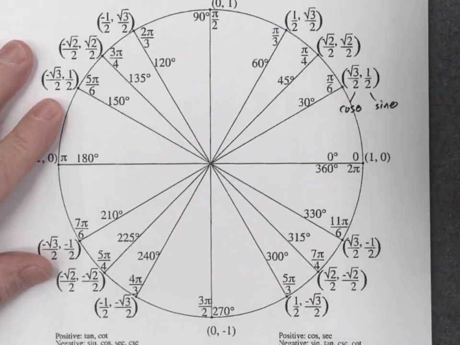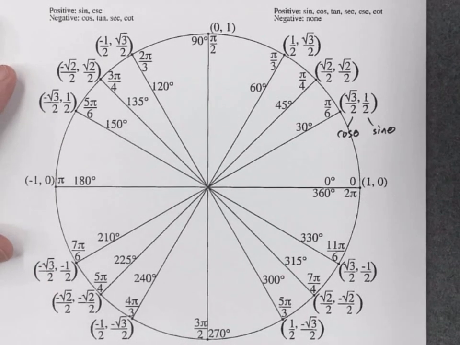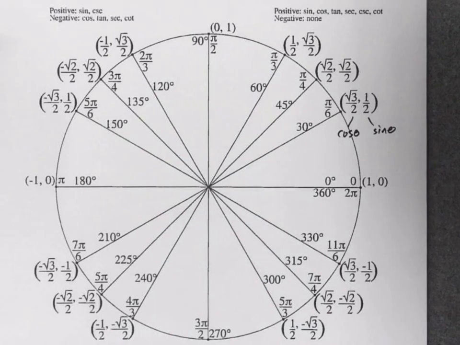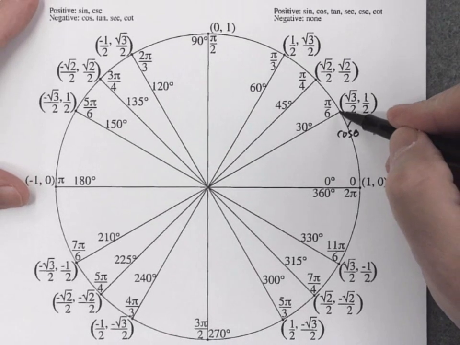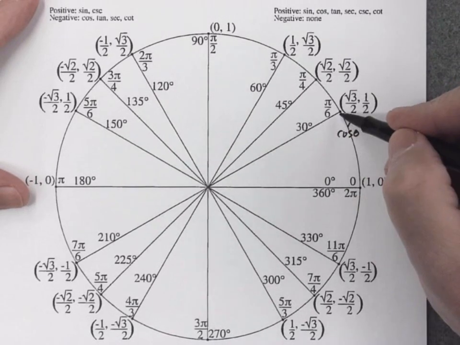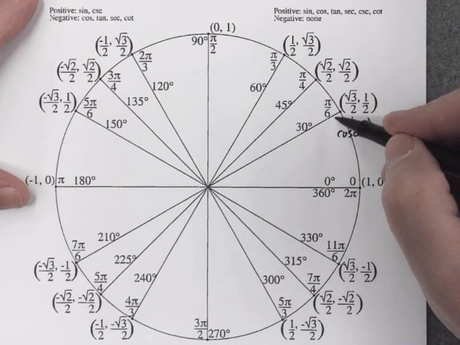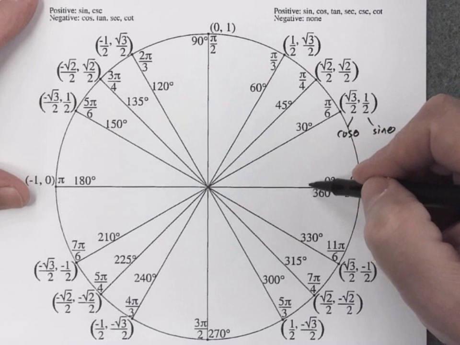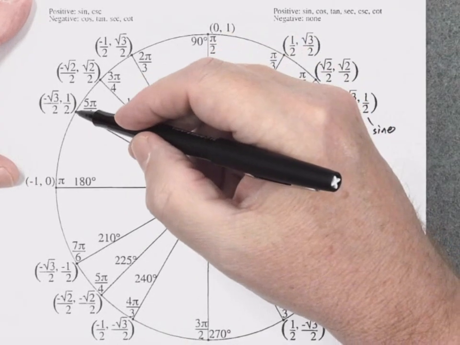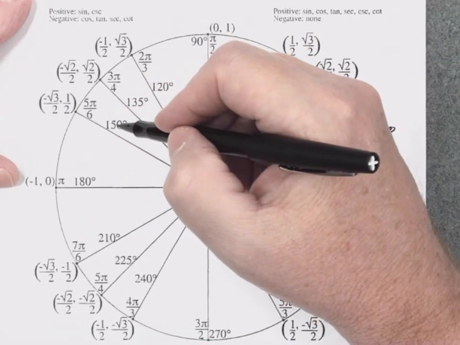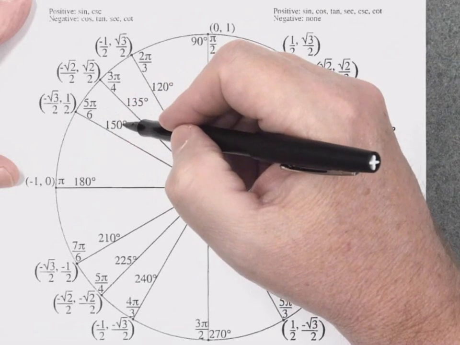Now, something you may have already noticed, and I may have mentioned it briefly before. Let's look at degrees. 30-degree angle. What's the reference angle for a 30-degree angle? Well, obviously it's 30 degrees. What's the reference angle for a 150-degree angle?